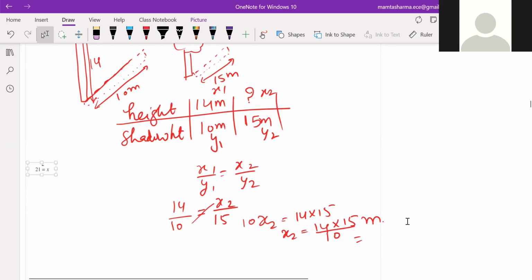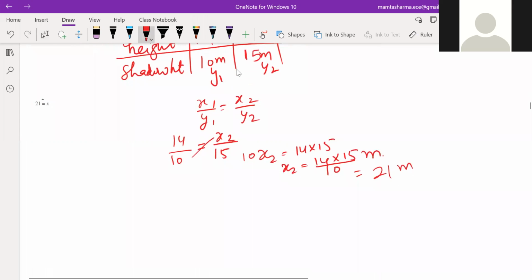Yeah, do it. Don't sit idle. Okay. Do the question with me. Someone has typed in the chat. Yeah, 21 is correct. Yes, correct. You will get 21. Okay. So is this clear for everyone?